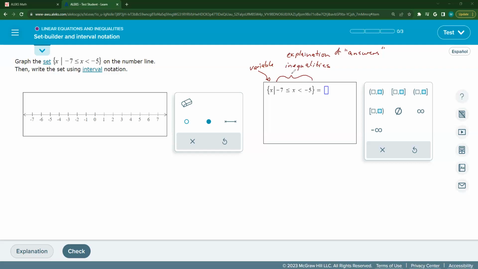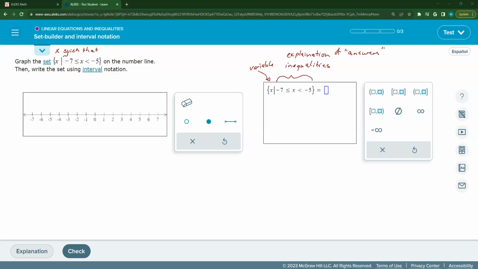So generally, this is where we're going to have that inequality part. This first one is x such that, so it's red, x such that, and in this case, it's -7 is less than or equal to x is less than -5.